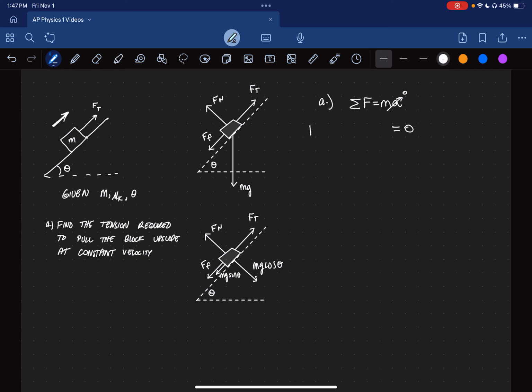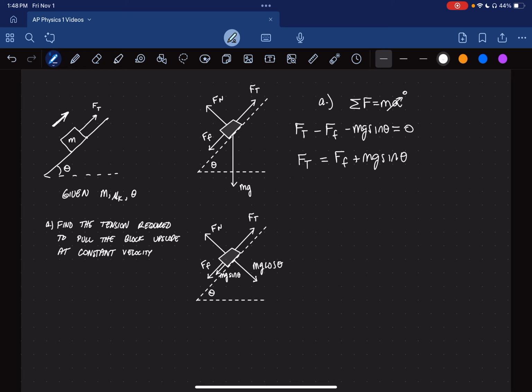We're going to take Ft minus the friction force, also minus mg sine theta. Remember that sine slides, in this case for inclined planes. So Ft equals Ff plus mg sine theta.